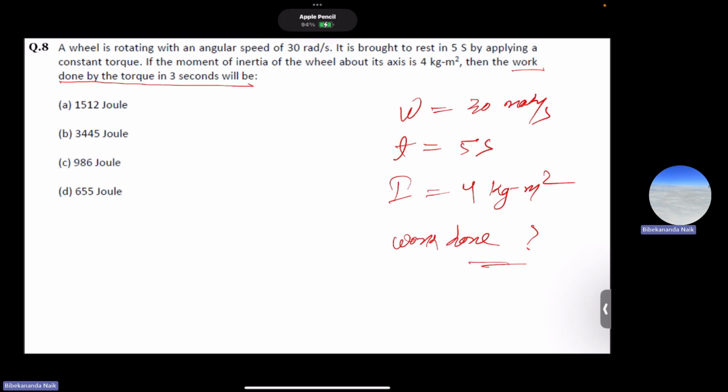So the wheel was rotating with an angular speed of 30, and then it came to rest in 5 seconds by applying a constant torque. So the final angular speed is 0 radian per second, and initial was 30 radian per second.